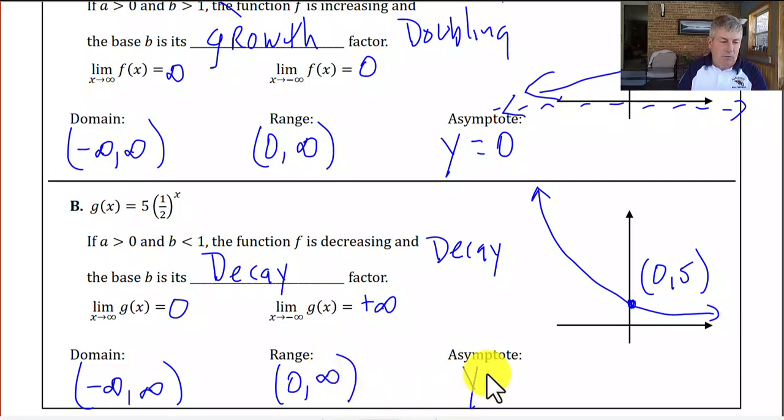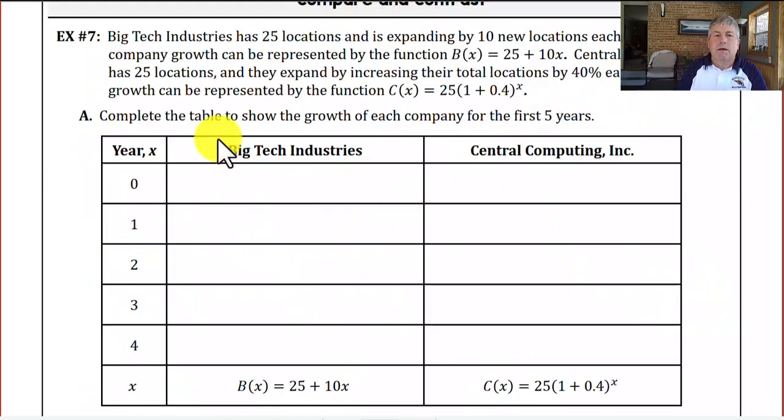And our asymptote is still at y equals 0. In example 7, we have a word problem. Big Tech Industries has 25 locations and is expanding by 10 new locations each year. The company growth can be represented by b of x equals 25 plus 10x.